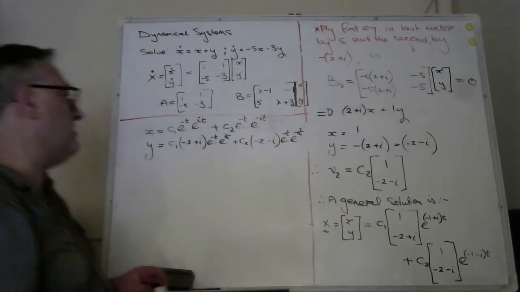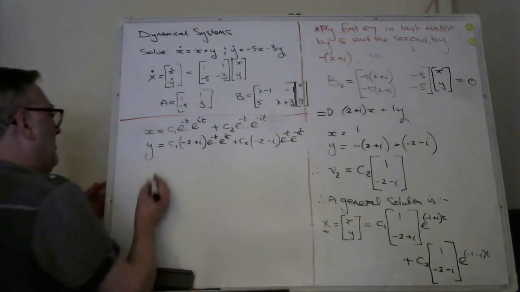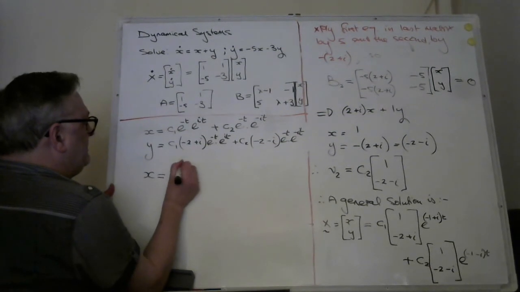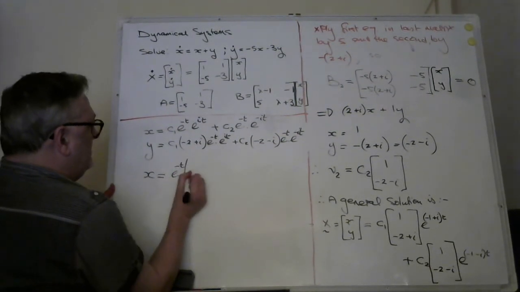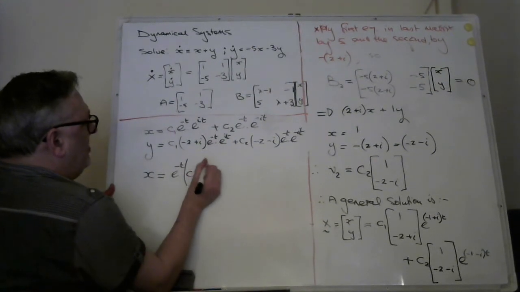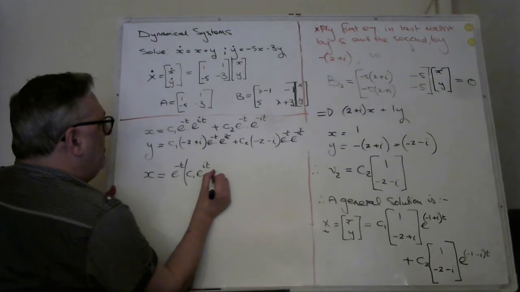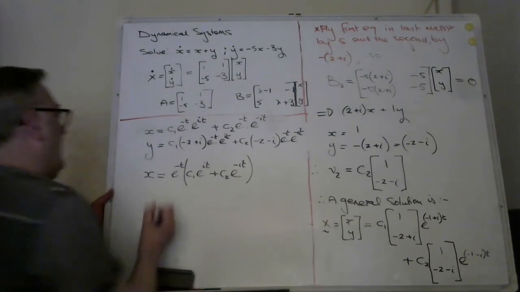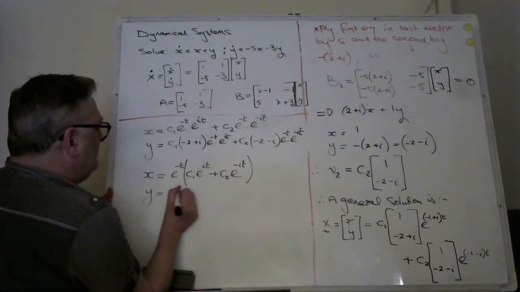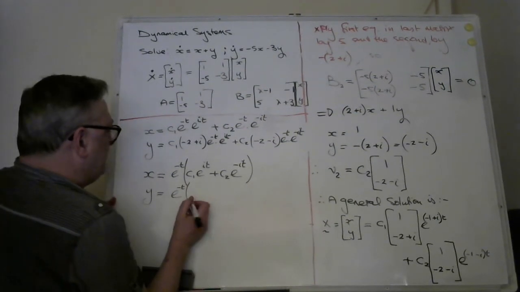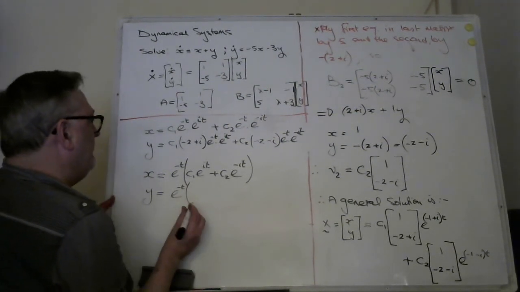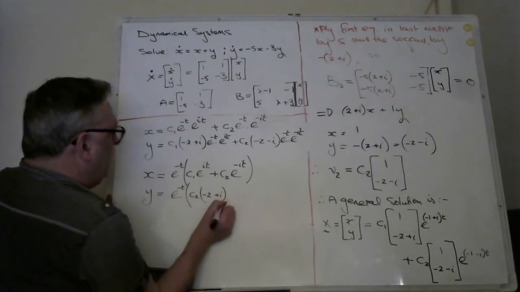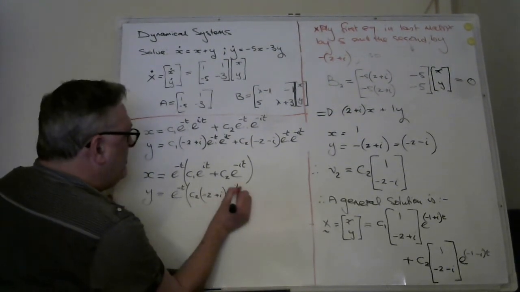Now I'm writing it like that because that can be simplified, and you can write x is equal to e to the minus t times, in brackets, c1 e to the i t plus c2 e to the minus i t, and y equals e to the minus t times c1, minus 2 plus i, e to the i t.